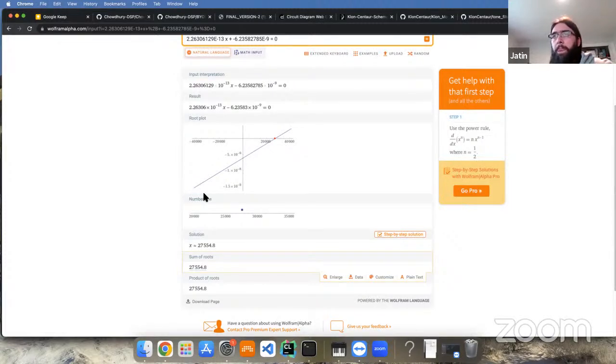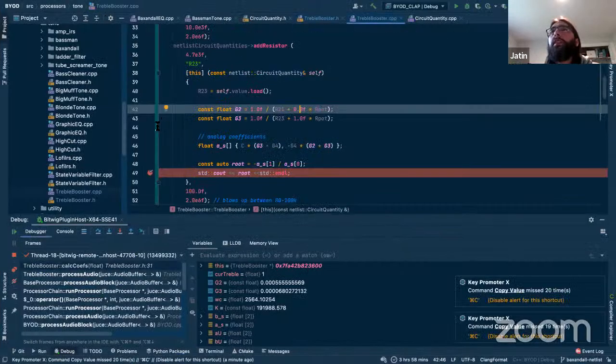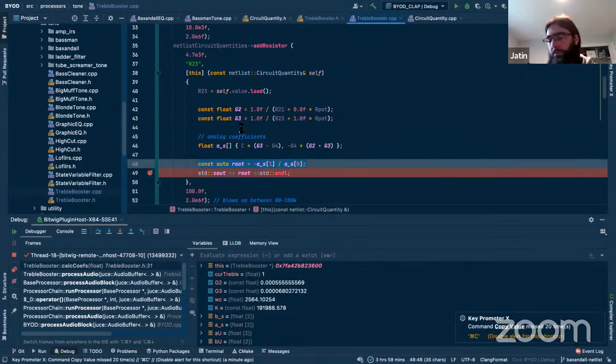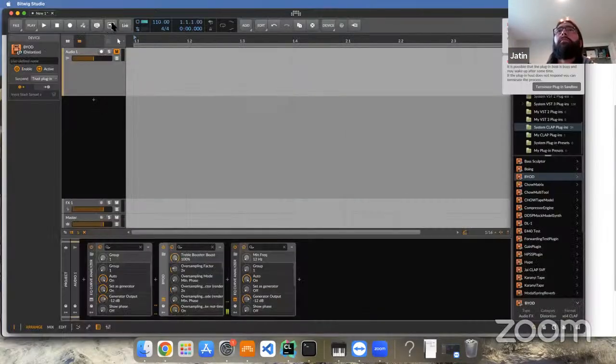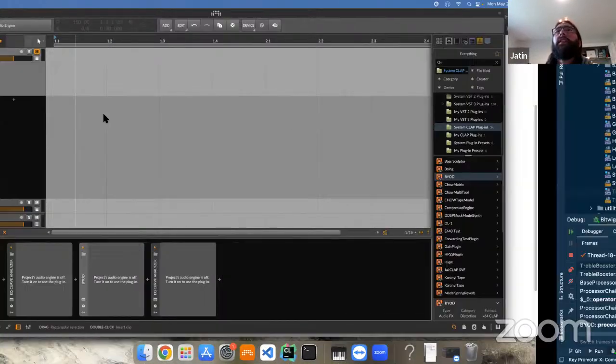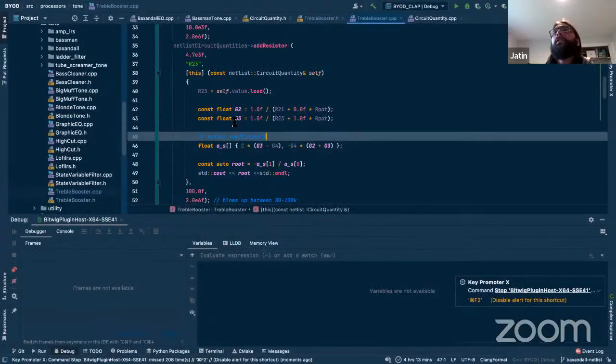So let's do this. The way that we solve for this is we say that x, so I think we had this right here, it just didn't show up in the debugger for some unknown reason. Also, let's just get out of this for now.